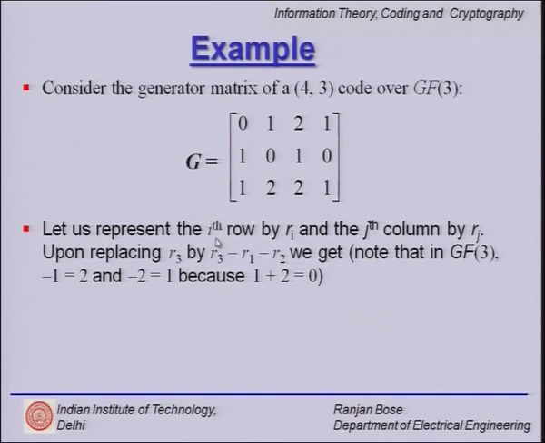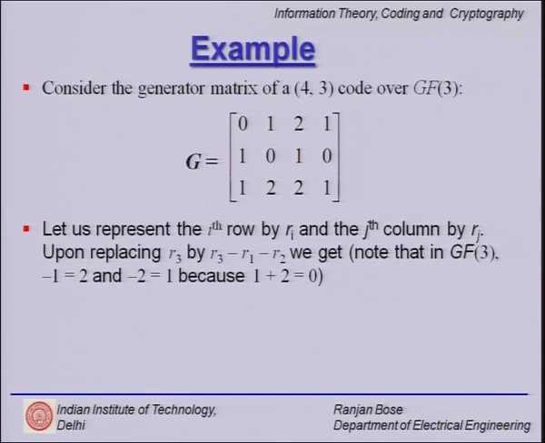So, if you represent the ith row by Ri and the jth column by Cj, what we can do is replace R3, the last row, by R3 minus R1 minus R2. So, I am doing these basic operations. But please remember it is equivalent to saying R3 plus 2 times R1 plus 2 times R2, because minus 1 is equal to 2 in GF3.